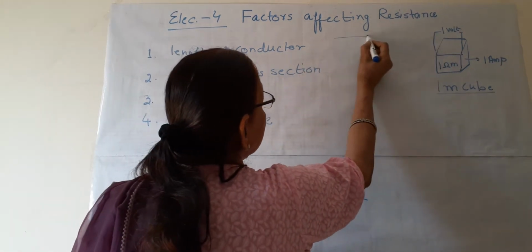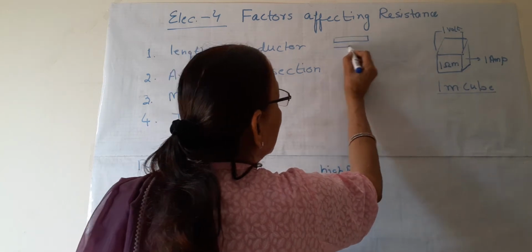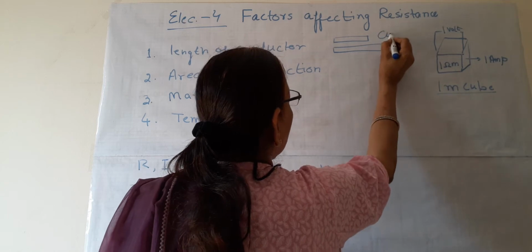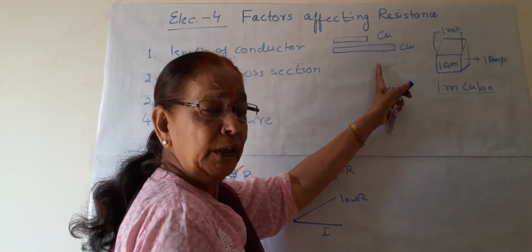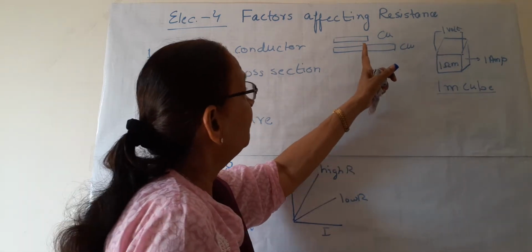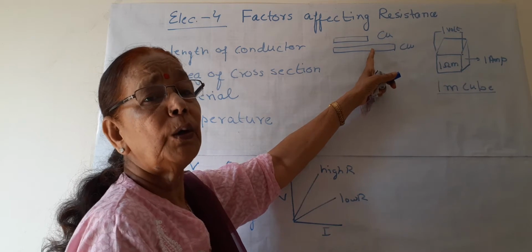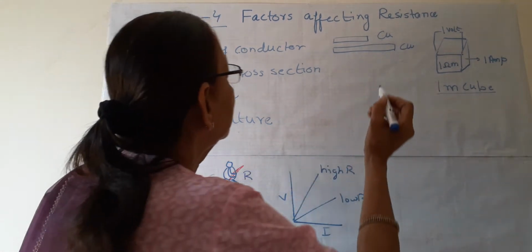Suppose this is a copper conductor, this is one and the other conductor is here. Both are of copper. The length of this one is more than this one. So R will be less in this and it is more in the lengthier wire of copper. What does it mean?